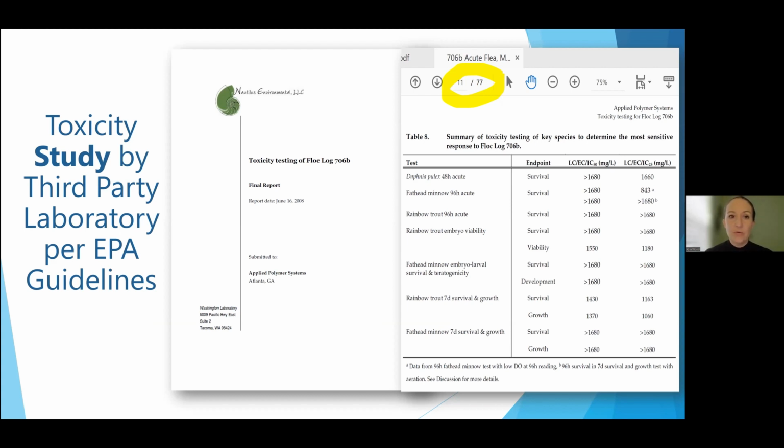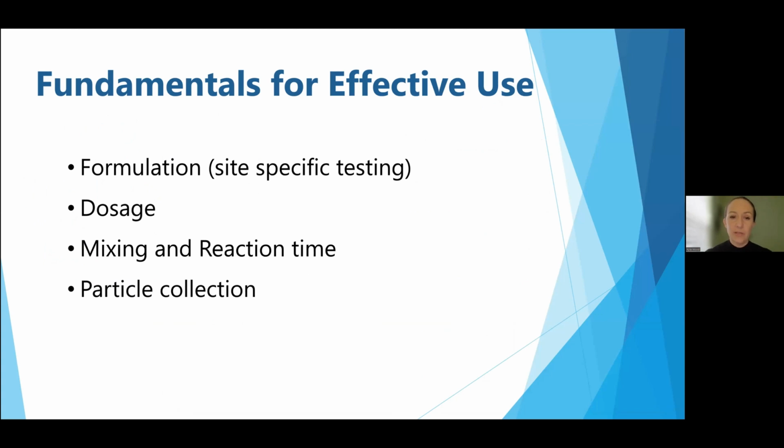So with that, we know that we're using an anionic polyacrylamide. It's been tested, it's high quality. So now that we know what product we're going to be using and putting out on our site for passive treatment, we also want to make sure that we're following the fundamentals to make them work effectively. What I like to call the fundamentals of effective flocculation are using the right formulation.